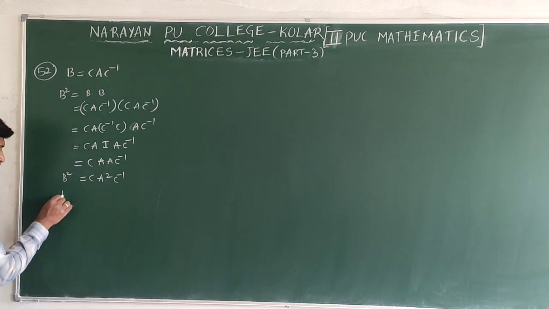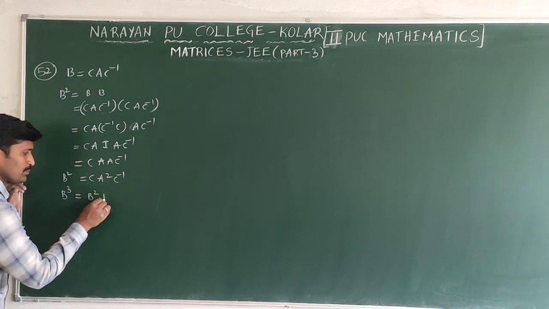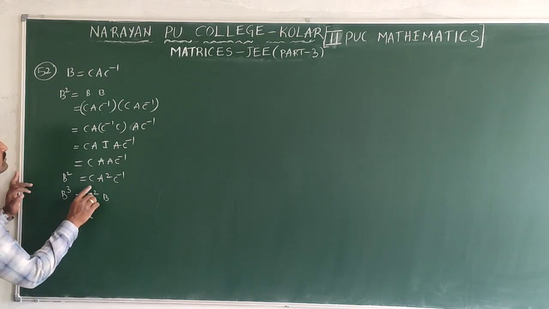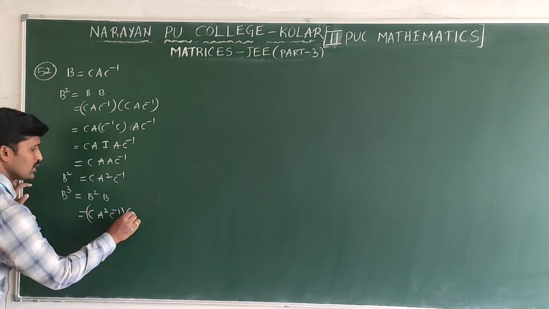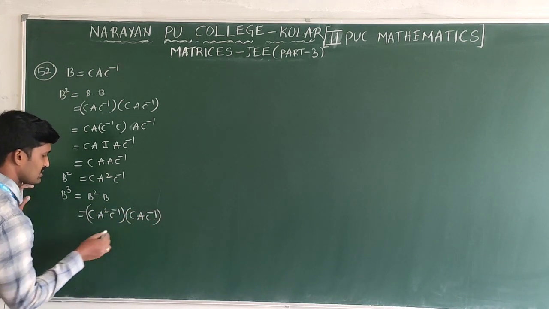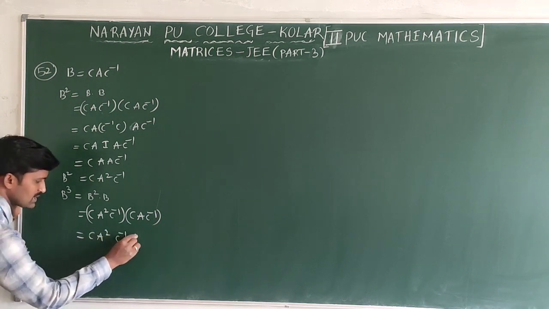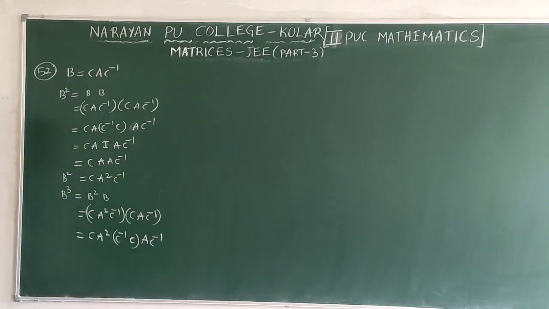Next I will take the B cube value. B cube means we can write B square into B. B square is C A square C inverse, into B which is C A C inverse. C A square C inverse into C into A into C inverse.